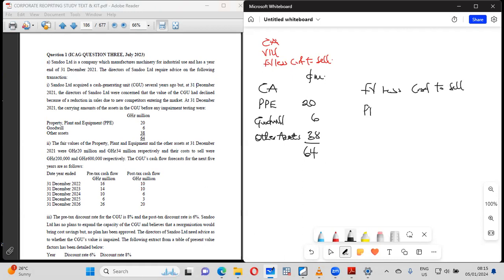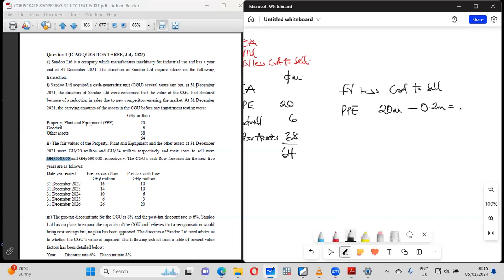We are told that the PPE fair value is 20 million, less cost to sell of 0.2 million, that is 200,000. So punch the calculator, that will be 19.8 million.